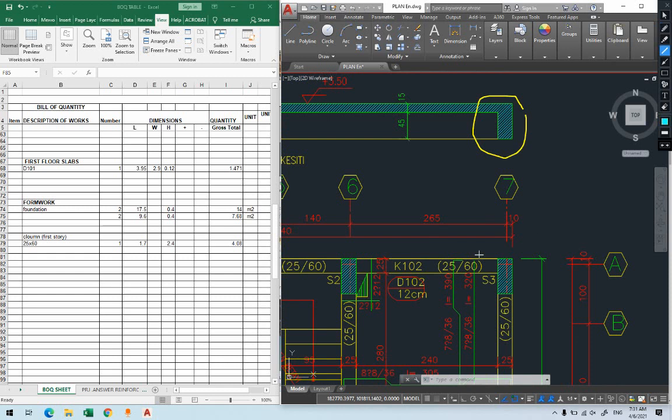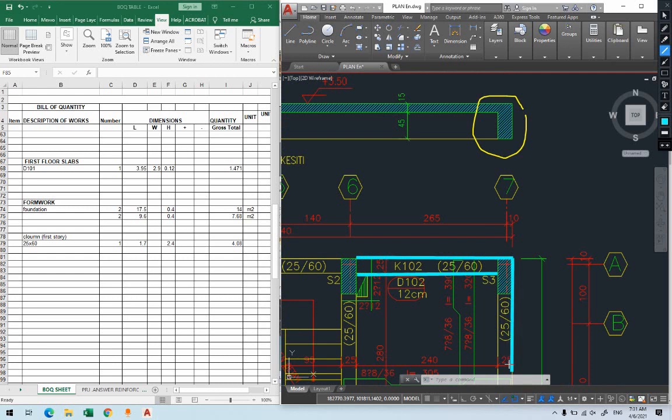Now where will the formwork be? Pay attention here. This is the inside formwork, the horizontal column. What about outside? Outside is supposed to be something like this, yes? Because formwork is continuous, you cannot leave any space.